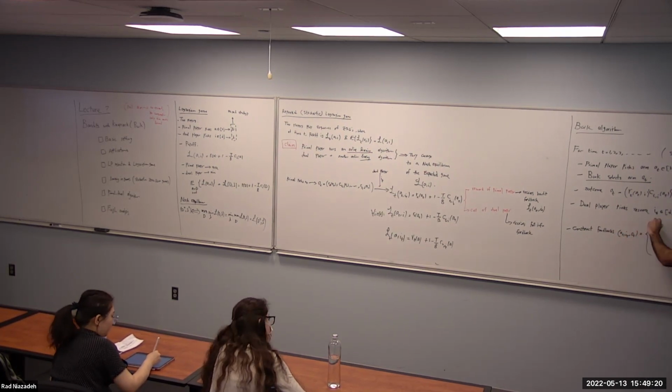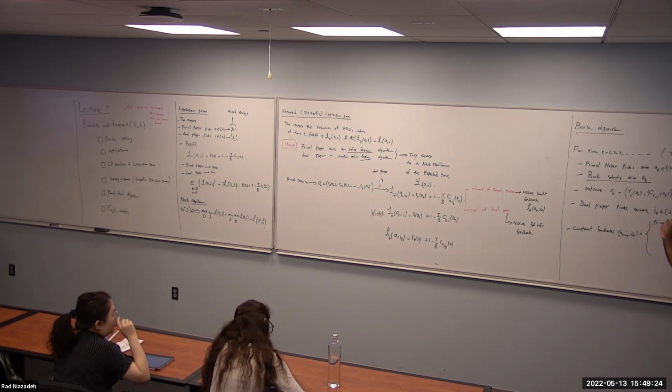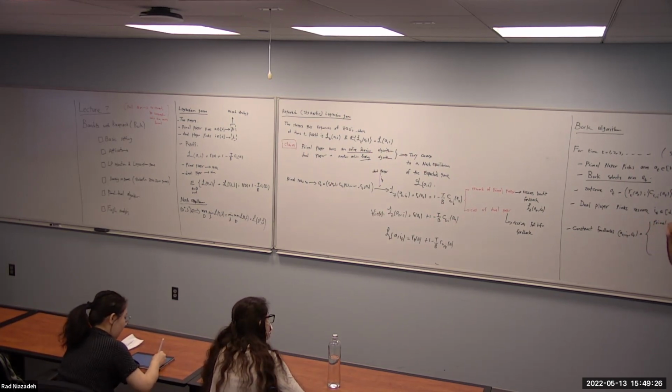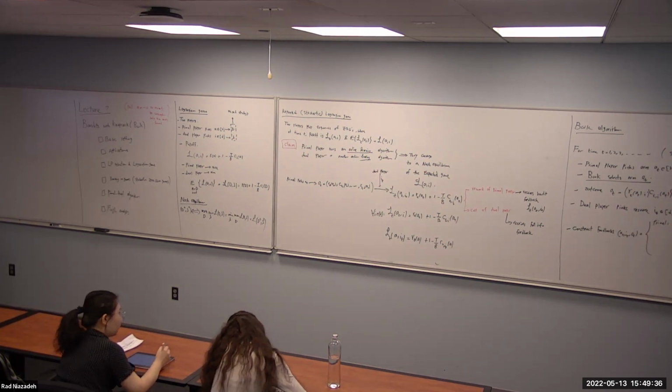So what is the feedback for the primal player? It's going to be a bandit feedback, which is basically the reward that he gets by playing a_t in this game against the other.